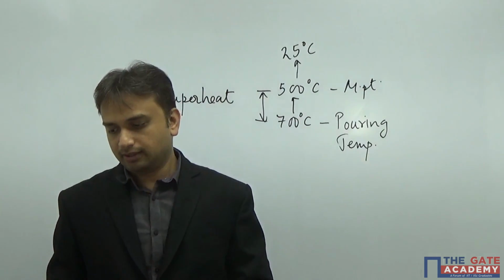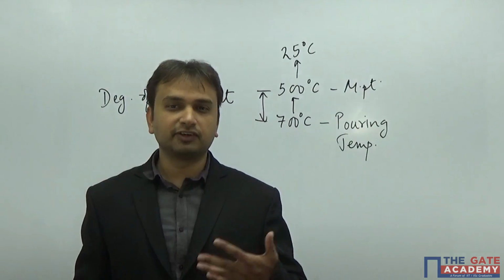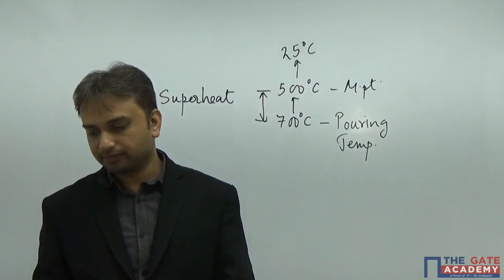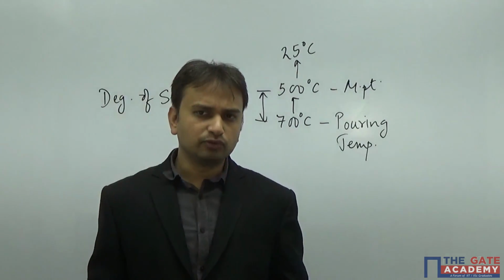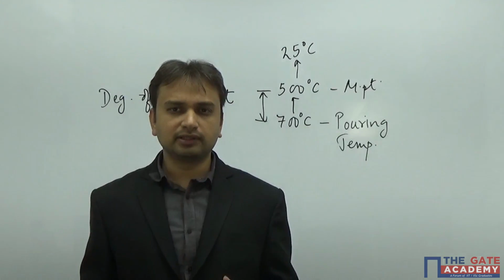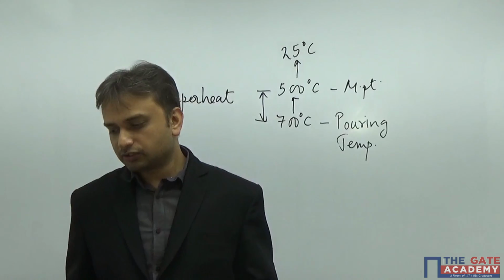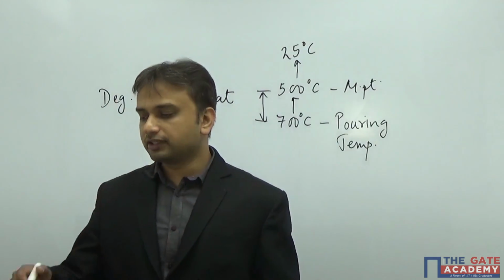Fine. Now what is the first stage known as? Let me call it liquid contraction, because there is interference of liquid. Second stage, what do we call it? Let us call it liquid shrinkage once again, or liquid contraction once again. So you can see that there are 2 stages of liquid contraction I have named. Now what is the third stage?